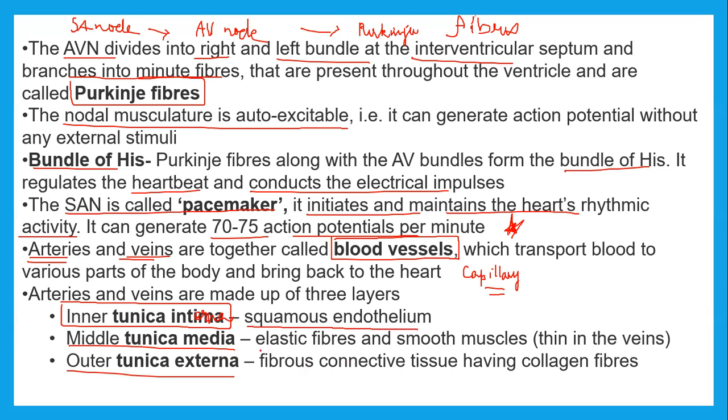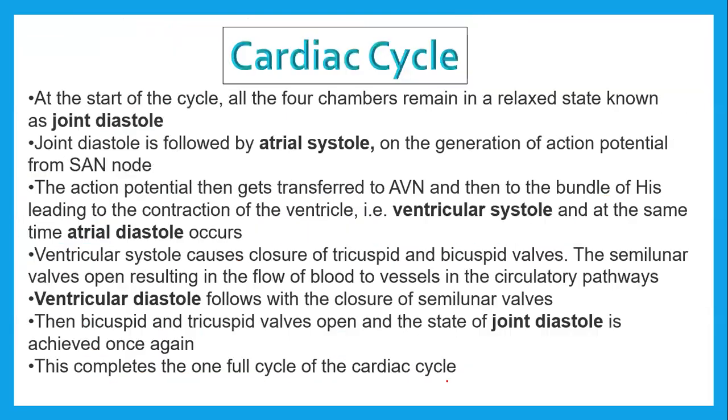Then the middle layer, tunica media, is made up of elastic fibers and smooth muscles, which is actually thin in veins. Tunica externa is fibrous connective tissue having collagen fibers.